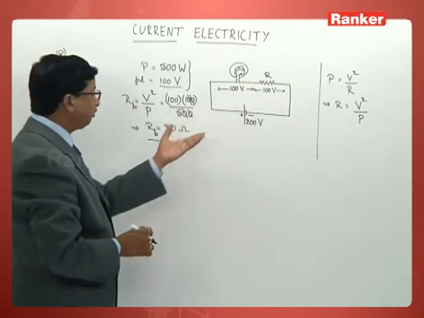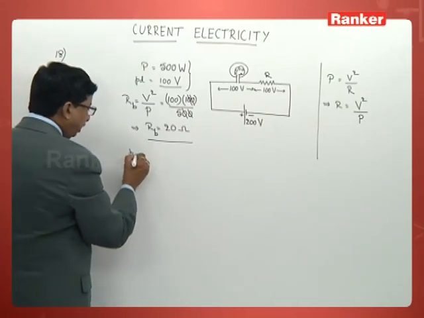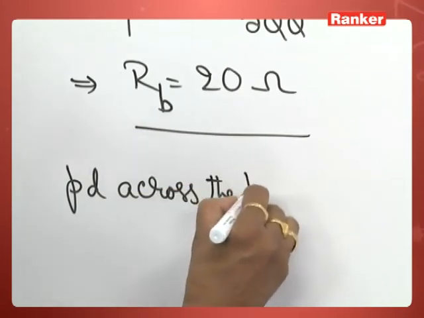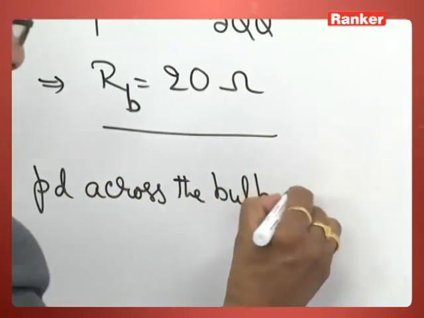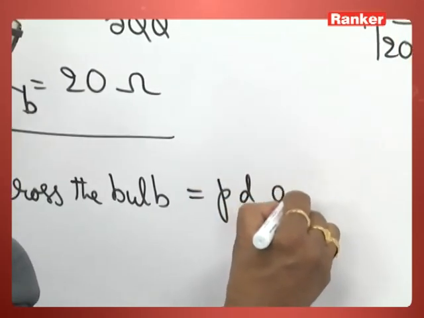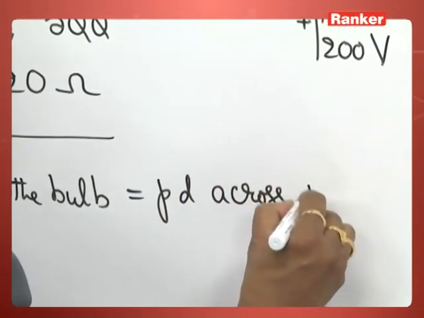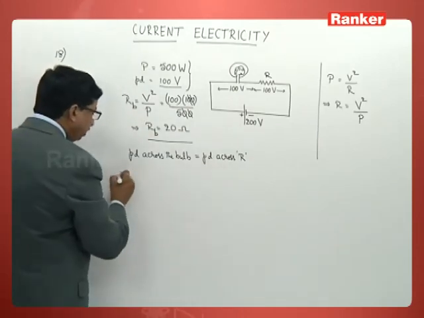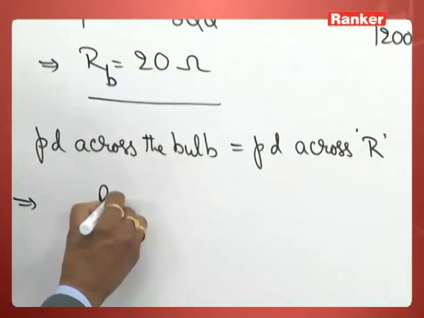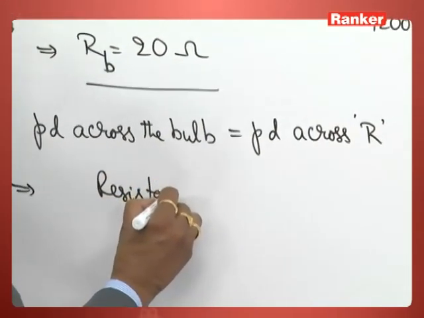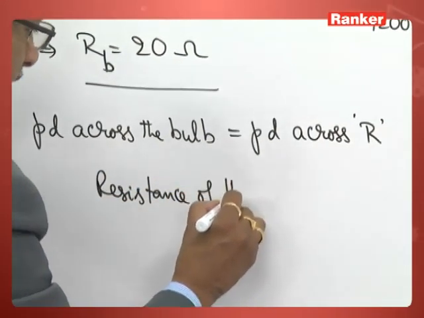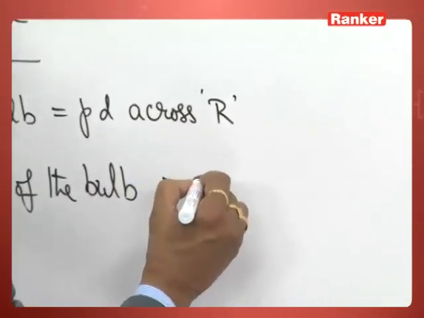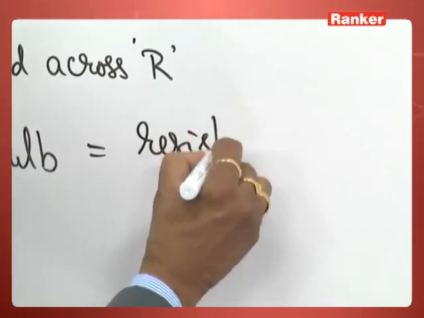So what you can understand from here? PD across the bulb is equal to PD across the external resistor. What is the meaning of this one? This implies the resistance of the bulb must be equal to the resistance capital R.